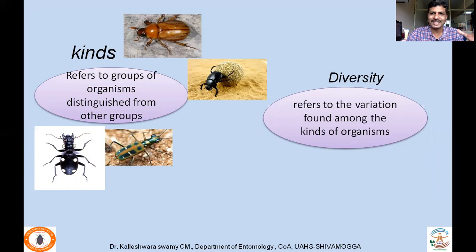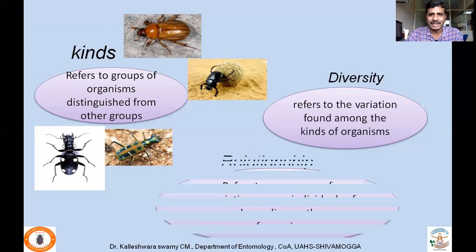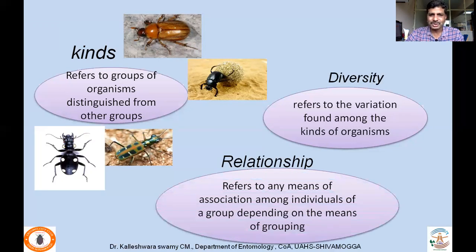If you use elytra as the character, all those four are considered a single group. But if you use other characters, we can start segregating them. So that's called kinds. But there is a relationship, which refers to any means of association among individuals of a group depending on the means of grouping. So there is an association. In what character is that association there?